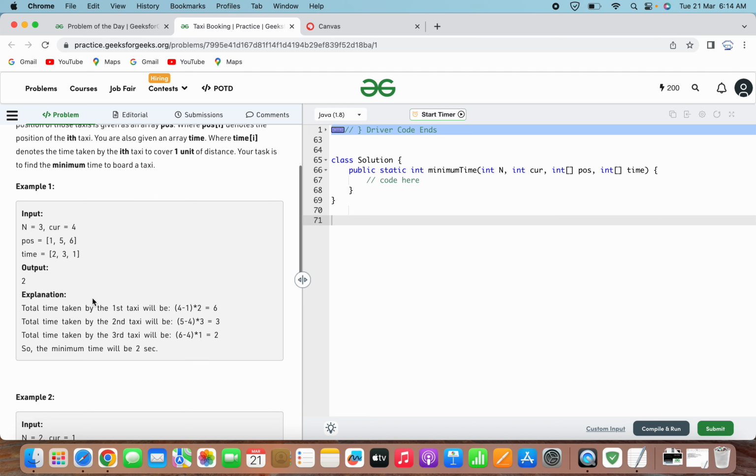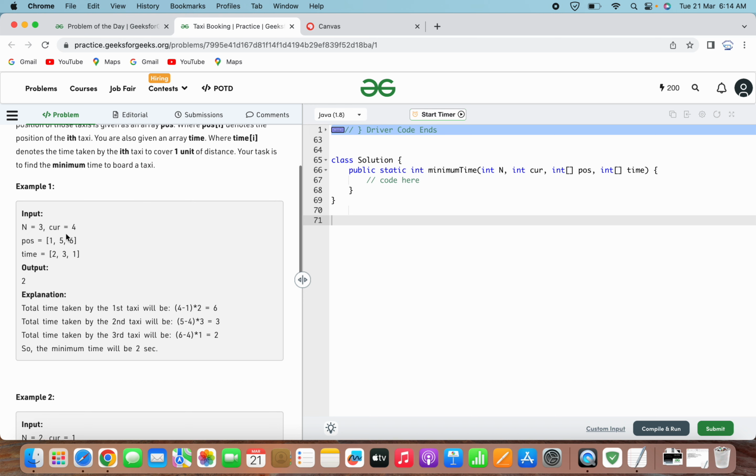Let's see how we have got the minimum time to board the taxi. So the total time taken by the first taxi will be 4 minus 1 into 2 is equal to 6. The taxi has to travel from 1 to 4, from their position to our position.